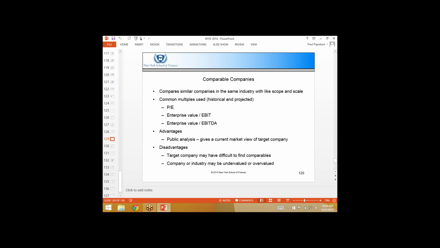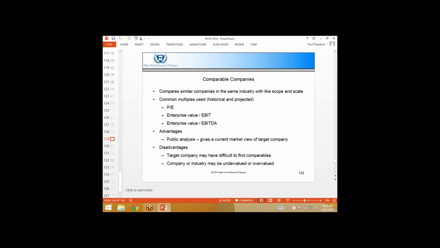If comparable companies have a multiple range of, let's say, 5 to 7 EV to EBITDA, and your company is much higher, 10, it could mean your company is overvalued. If yours is much lower, like 2, it could mean your company is undervalued. So comparable companies is a good way to determine the approximate value.